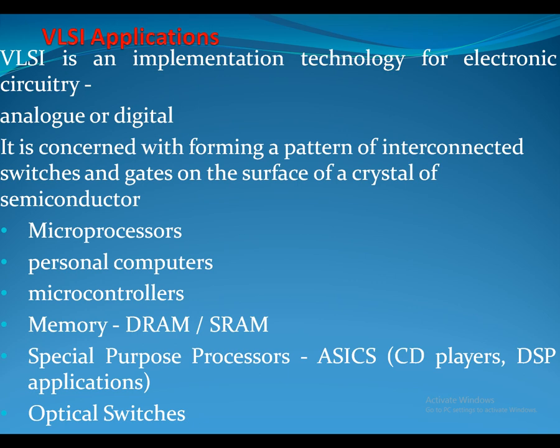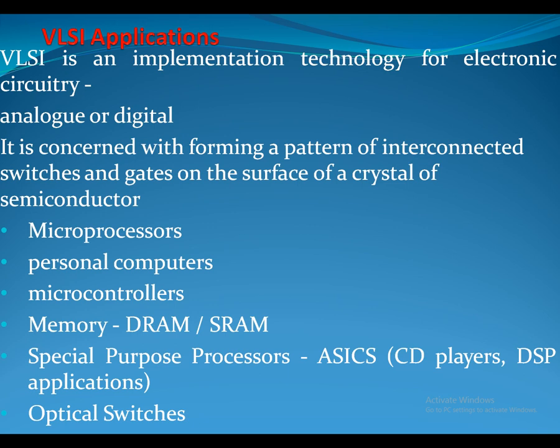Next, VLSI application: this is an implementing technology for electronic circuitry, it may be analog or it may be digital. It concerns forming a pattern of interconnected switches and gates on the surface of a crystal of semiconductor.